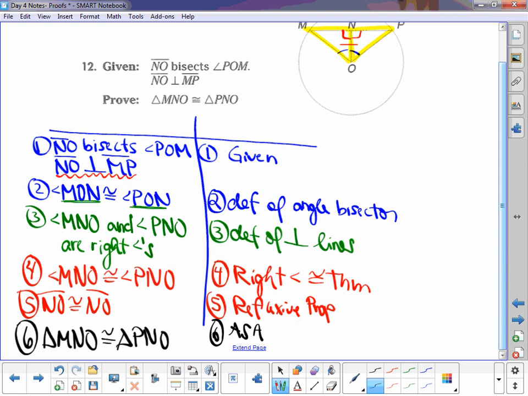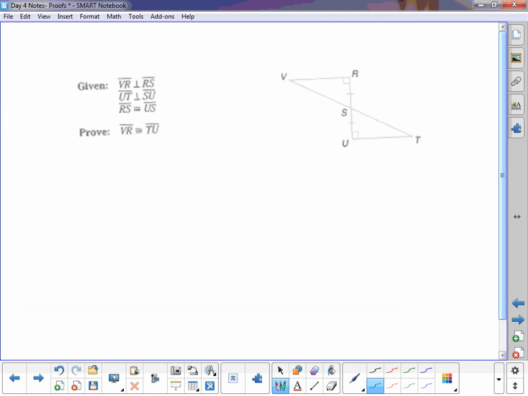Okay. Let's see, I think I've got this next one for us, and then we're going to talk about isosceles triangles. Let me make sure this is the one that I want. Yeah. Okay. Nope. That.